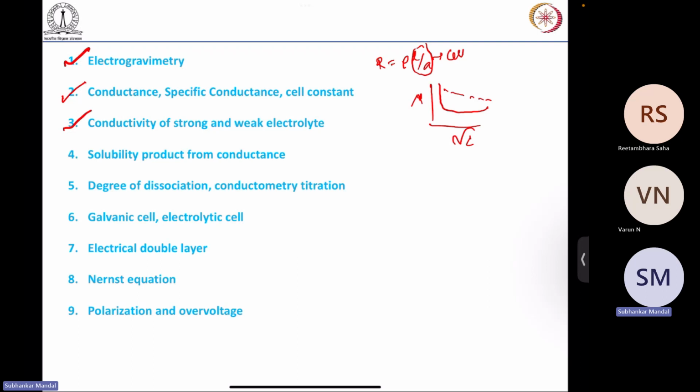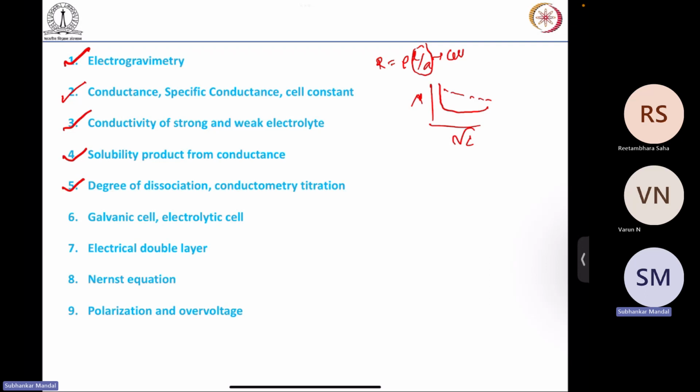Then fourth, we discussed the solubility product calculation from conductivity data, the degree of dissociation, and different types of conductimetric titration, like redox or precipitation, with weak and strong electrolytes.